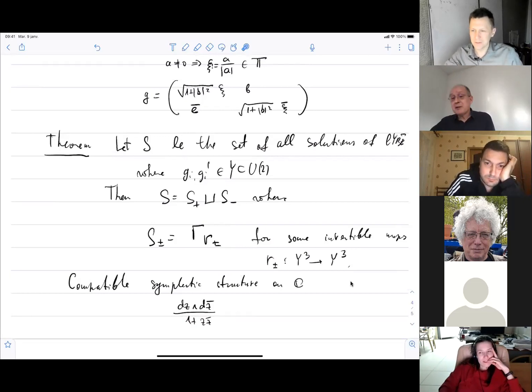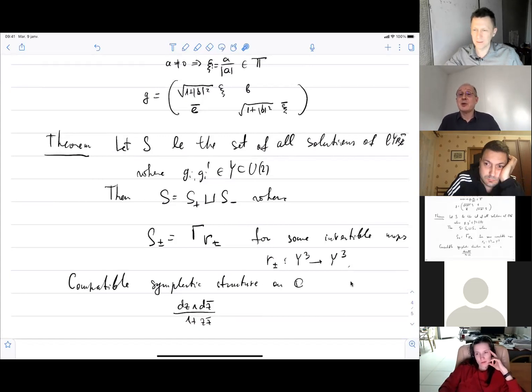Yeah, so this concerns the question of Alexander Mikhailov, I think, who was asking why it is important to have non-singular, everywhere well-defined maps.